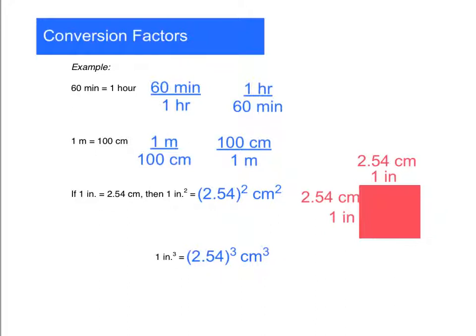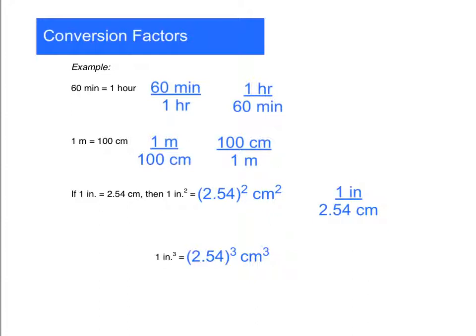So now if we were to write those as conversion factors, a simple way to do it would be 1 inch over 2.54 centimeters and do the entire quantity squared, or the entire quantity cubed in the case down here. And of course we could flip the numerator and the denominator just like we did above. So that's one thing I want you to remember: if we're doing a unit squared, you have to square both the unit and the conversion factor for that unit.